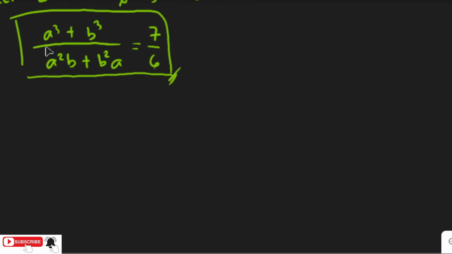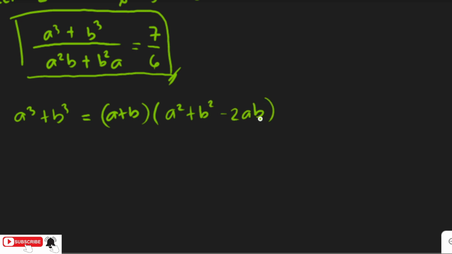We have to remember from the cube formula that a cubed plus b cubed is equal to (a plus b) times (a squared plus b squared minus ab). And also we can factor this one: a squared b plus b squared a can be equal to (a plus b) times ab.